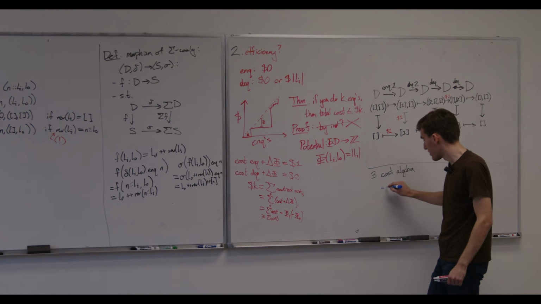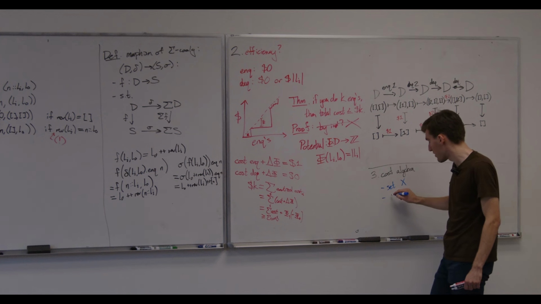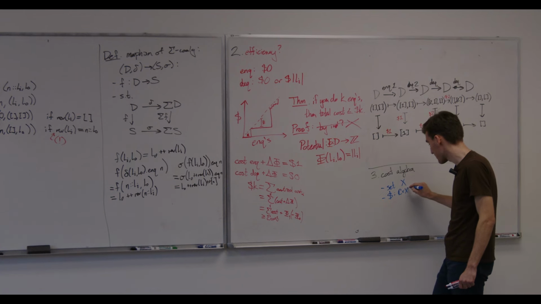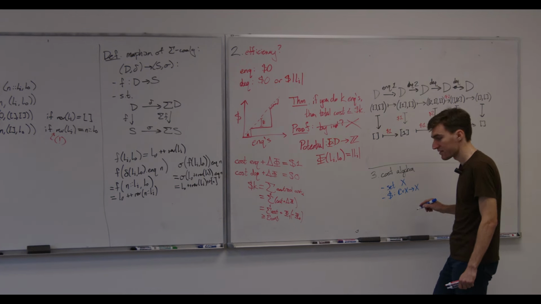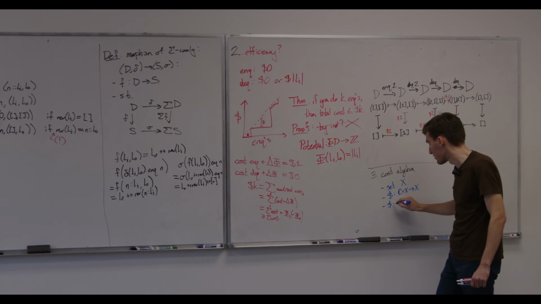A cost algebra is a couple things. It's a set x along with a map, maybe I'll call it $, which goes from cost cross x to x, such that some conditions hold. For example, $0 on top of x should be the same as x.